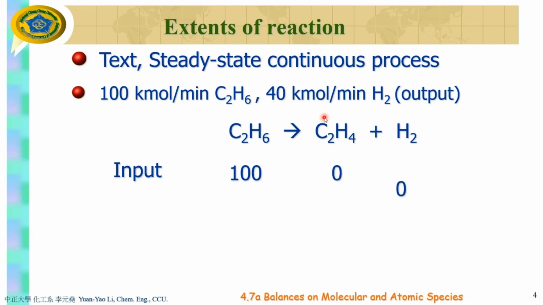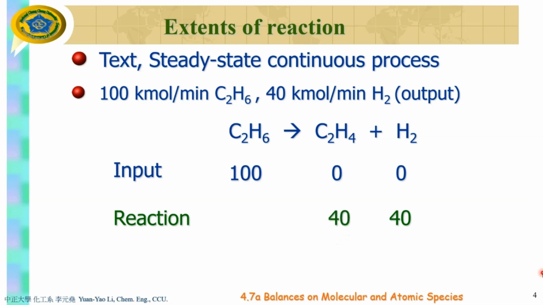In the beginning you have 0 hydrogen, and once you do the reaction, you produce 40 moles of hydrogen. Obviously, because the stoichiometric coefficient is 1:1, you produce 40 kilomoles per minute of C2H4, right?